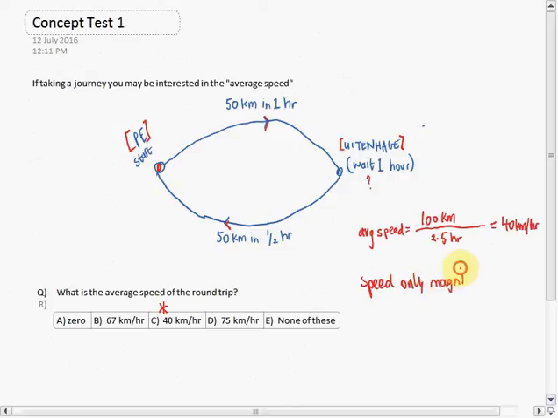We define this as a scalar quantity. So speed is an example of a scalar quantity, and all scalar quantities, something such as time, something such as distance, only have numbers associated with them, not direction. So we define those as being scalars.